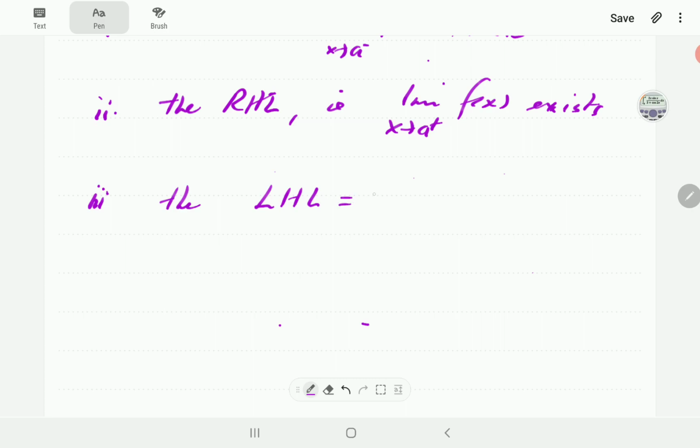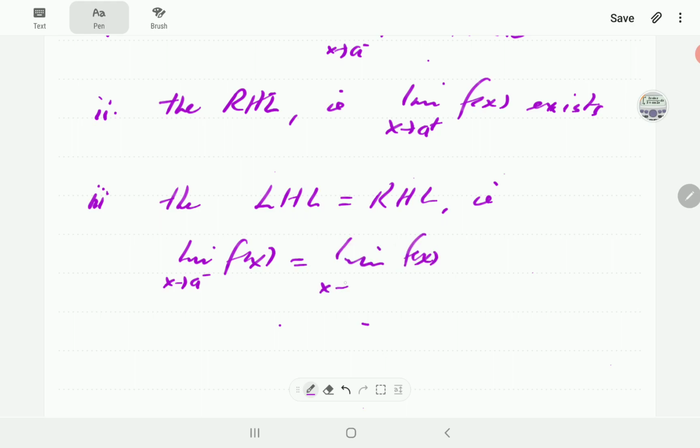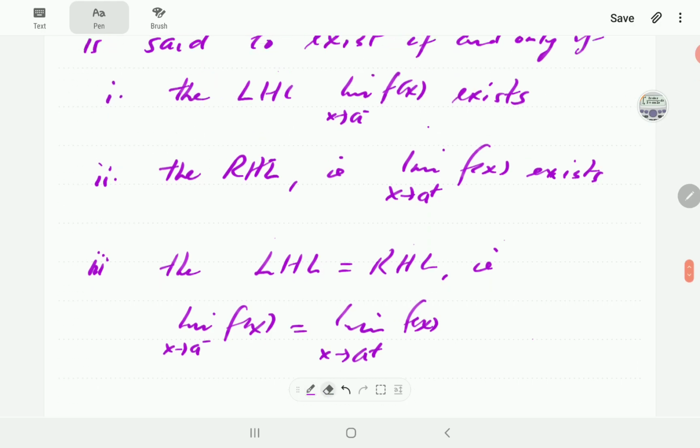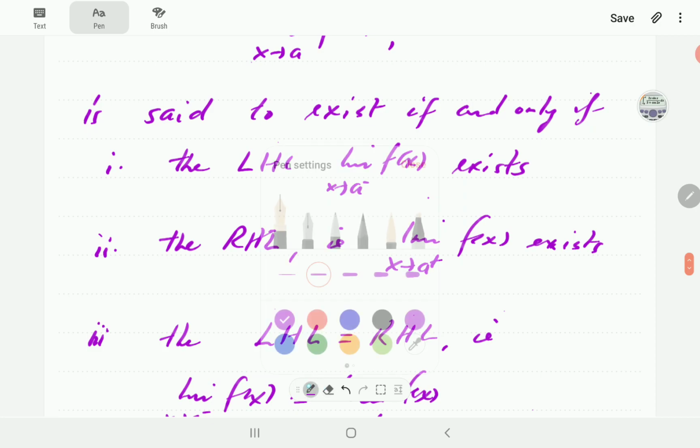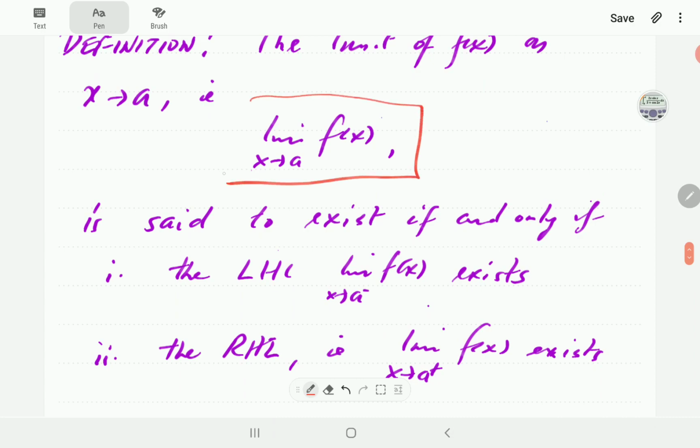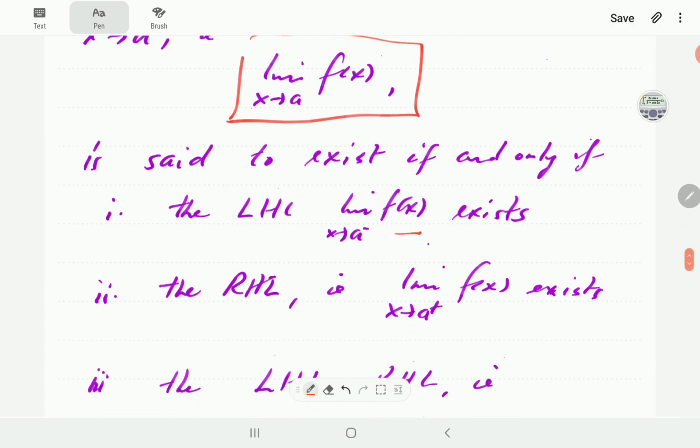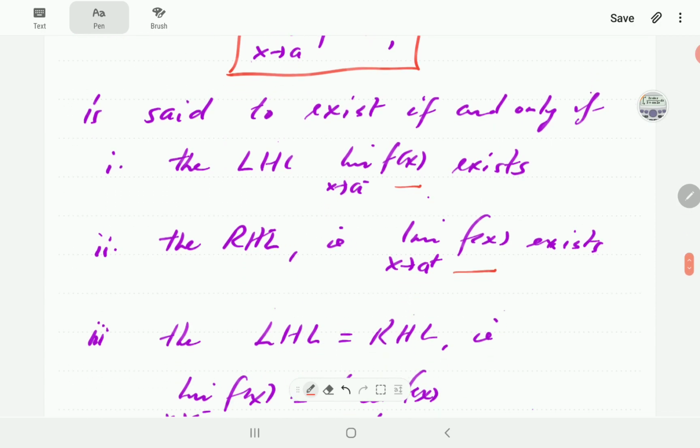So this limit here must be equal to that limit there. Then we say the limit of f of x as x goes to a, this one is the general limit here. It only exists if the left-hand limit exists, the right-hand limit exists, and those two limits are equal.